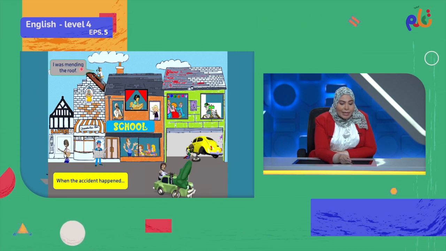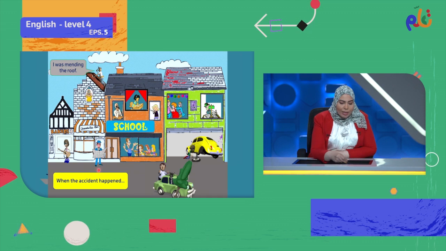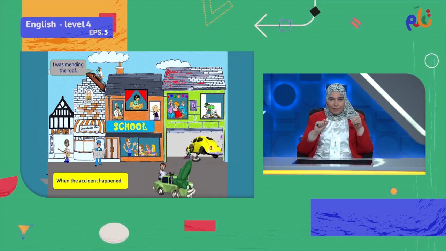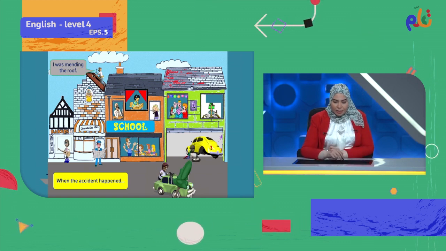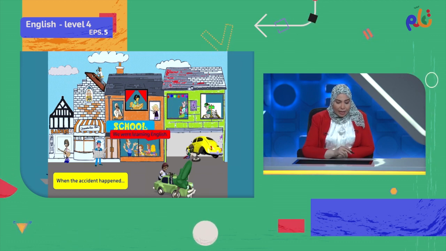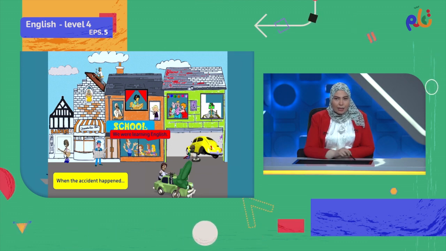and somebody else is talking, I was mending the roof, or I was fixing the roof when the accident happened. So we're still talking about two different events, and we see ing is repeated here. We're going to speak about it in detail, and let's see if it's going to repeat again. When the accident happened, we were learning English.